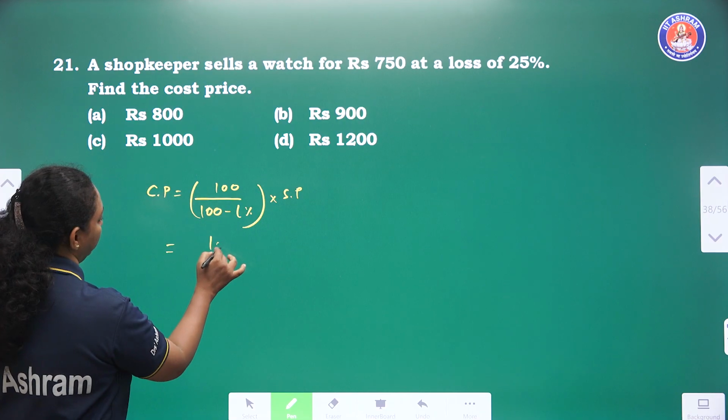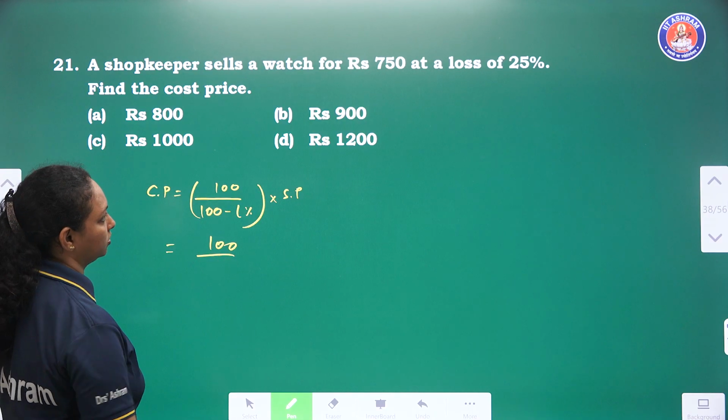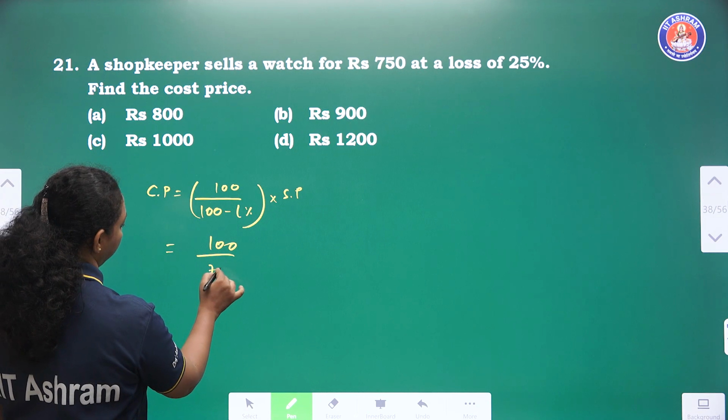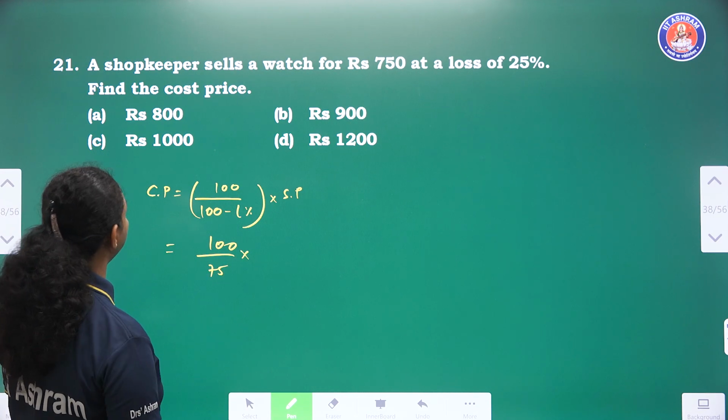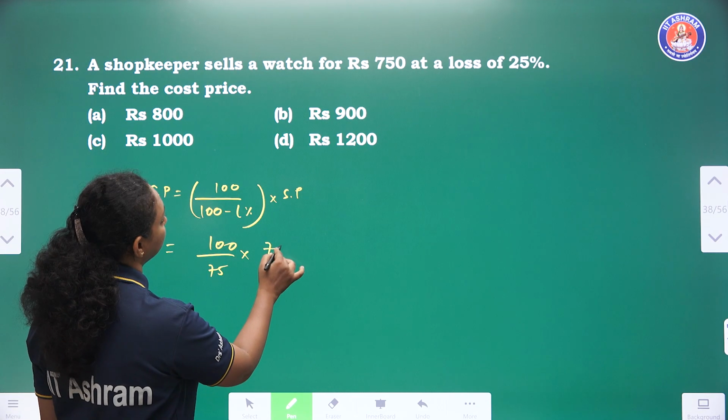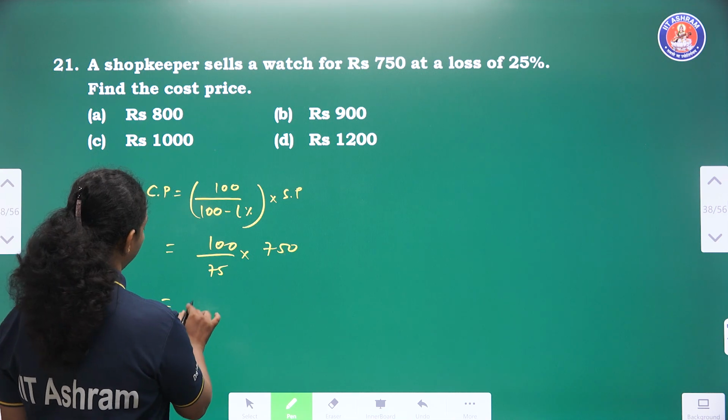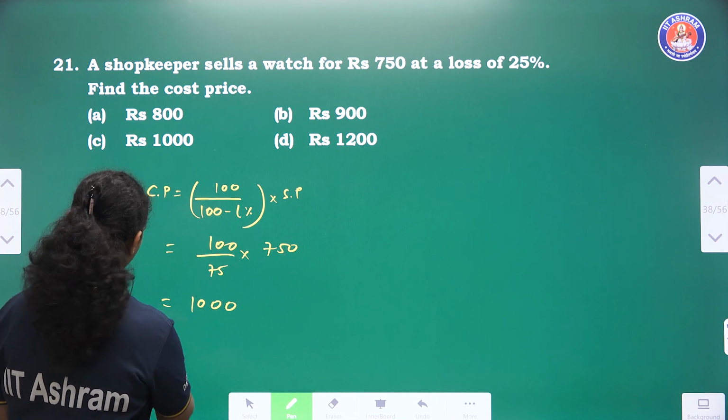So 100 upon 100 minus 25, that is 75, into selling price. What is the selling price? 750. So when we cancel out, we will get the answer as 1000 rupees.